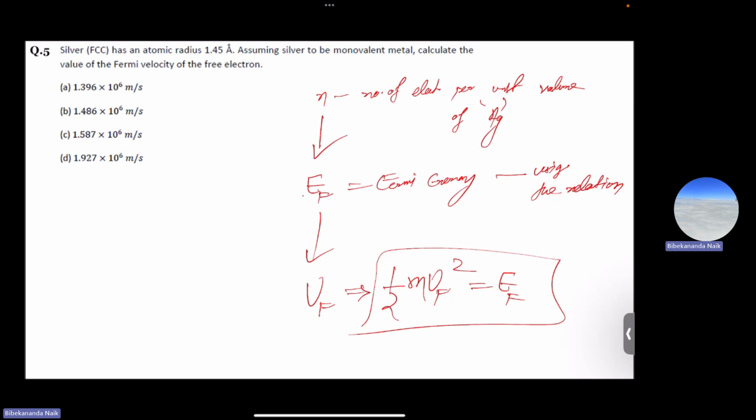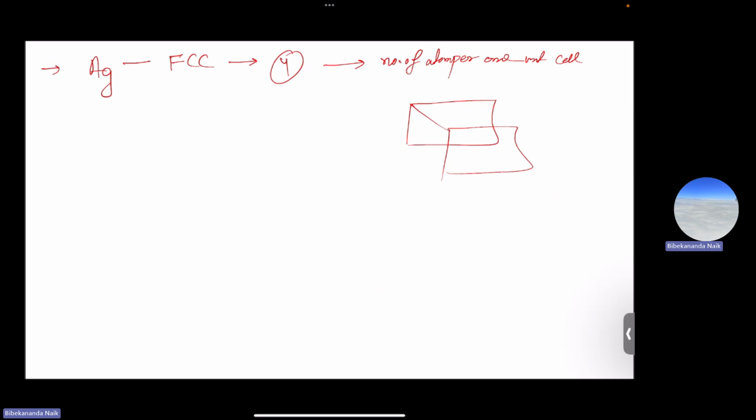So first we will calculate the number density of electrons in silver. It is given silver has an FCC structure. So for an FCC structure, the number of atoms per one unit cell is 4. So this is the FCC structure.